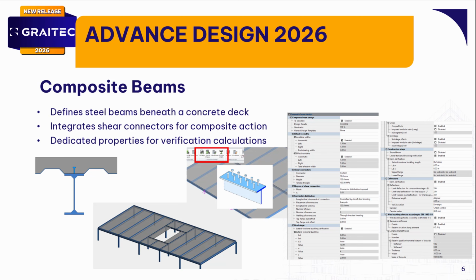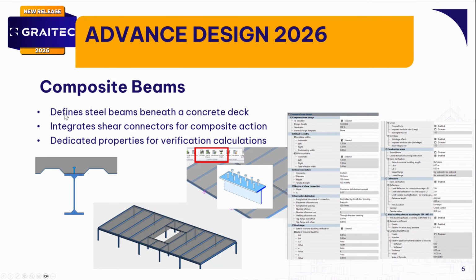As you see in these screenshots, it can be defined using a section or any type of sections, and it can work in conjunction with slabs and beams. We can calculate and consider the studs, and all of the parameters regarding your composite beam can be changed in Advanced Design like the other elements.